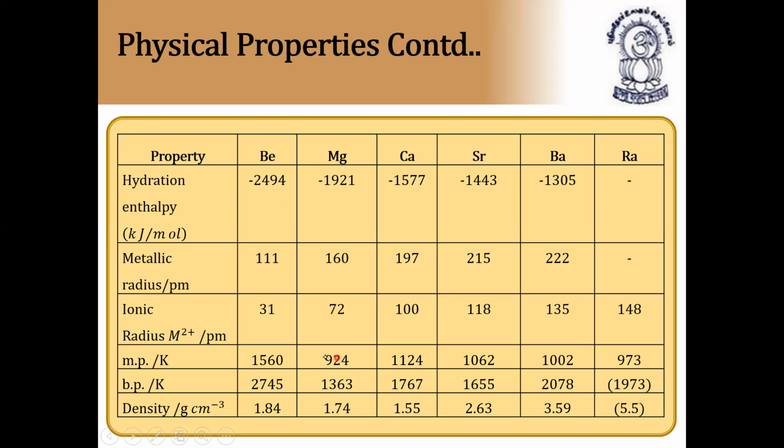Why is it less? Because it forms hydrated formation. So the melting point of magnesium is less when compared to the others. This point is very important. The melting point and boiling point of magnesium is less when compared to all. So this order you have to write. Density is the same, that is down the group it increases. Next continuation.